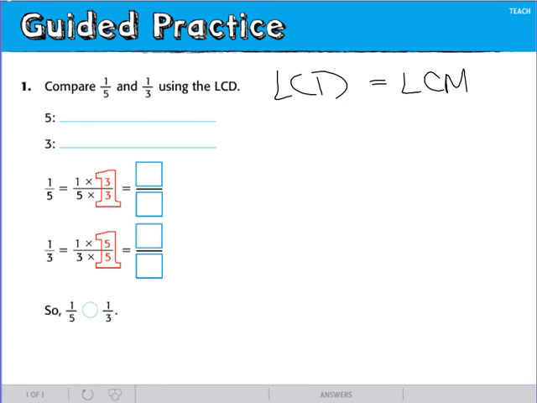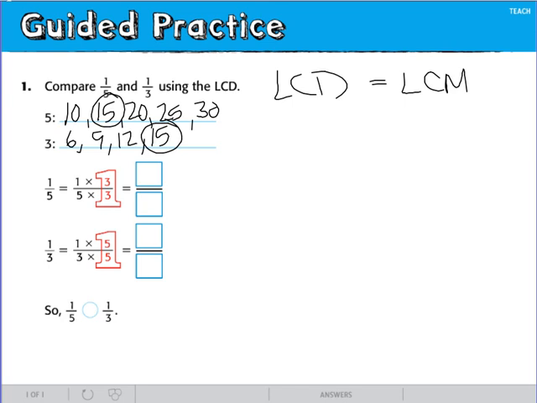Okay? So I'm going to start with my 5. Count by 5 is 5. Okay. Then I'm going to go to my 3. I have 3. And I can stop.